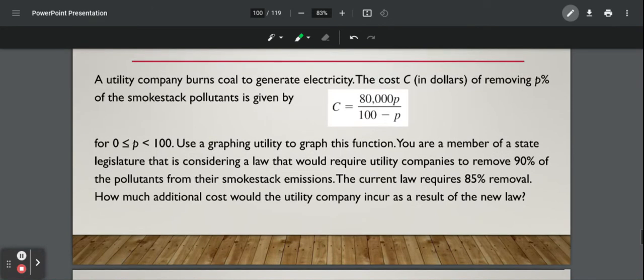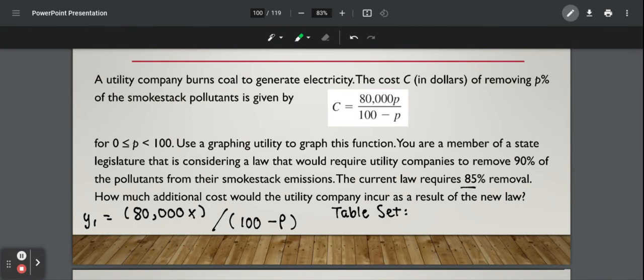So in this case, they want the new law to be 90%, where the current law is 85%. What I want you to do is in your calculator, in your Y1, you're going to have 80,000, and in this case we're going to say x, but x is our p-value, divided by 100 minus p. Once you have that in there, go to your table set, and we want to see what the cost is currently to remove 85%.